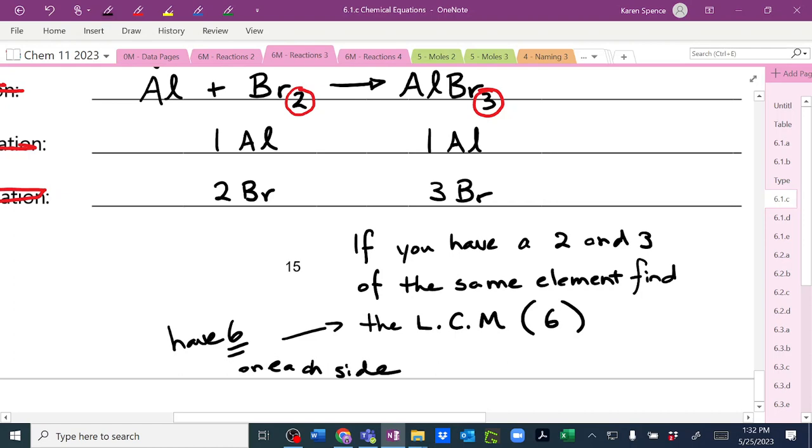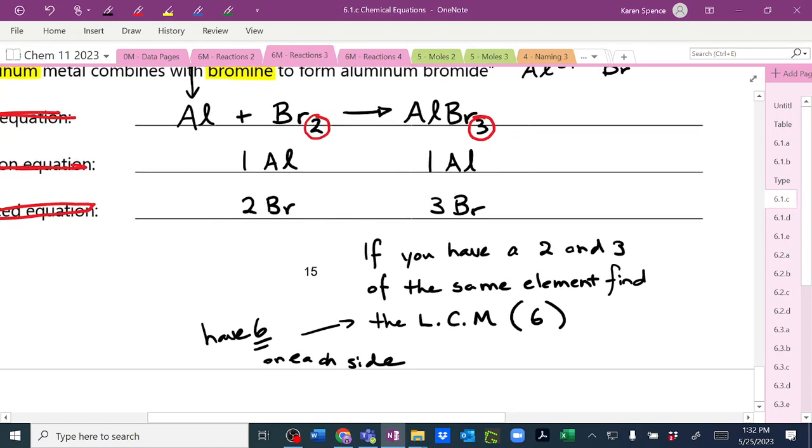So let us see if we can get 6 bromine on the left-hand side. What do we have to do to get 6 bromine on the left-hand side? We have to put a 3. So that's going to change the number of bromines to a 6. And we haven't changed anything else because that was an element. On the right, what do we have to do to get 6 bromine? Put a 2.